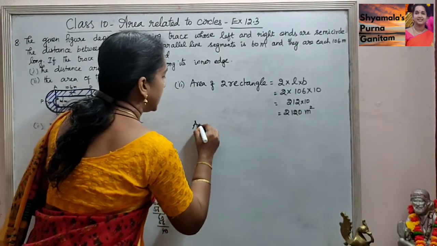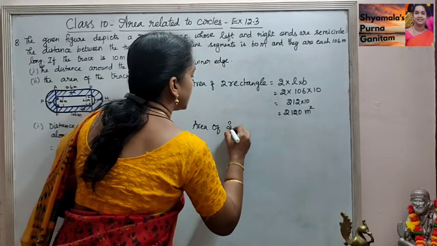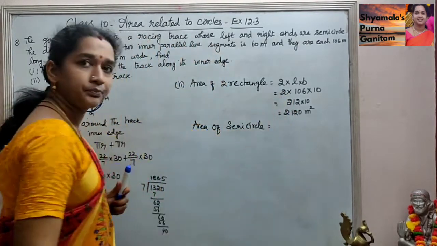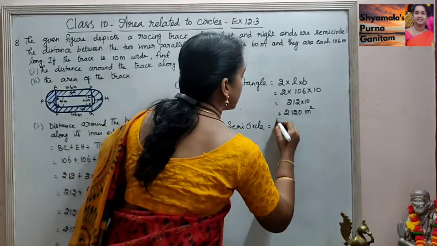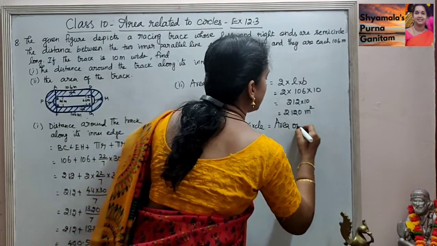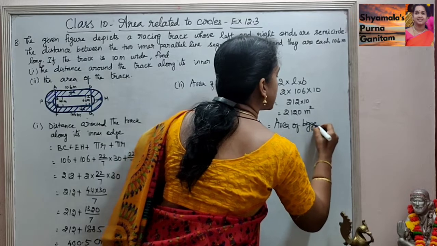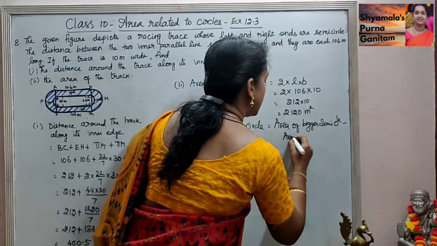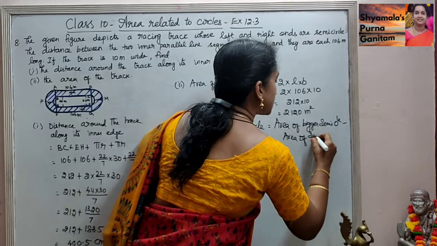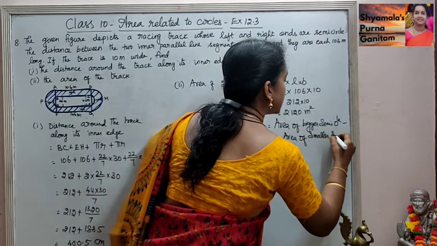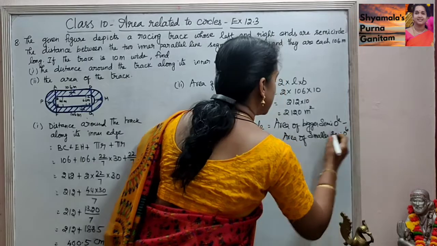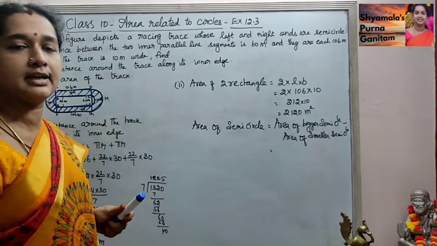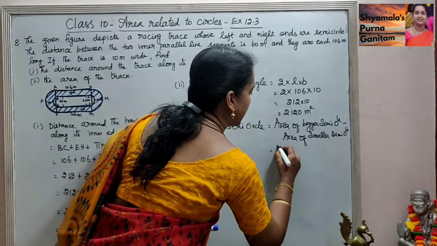Then the area of the semicircles is equal to the area of the bigger semicircle minus the area of the smaller semicircle. The area of a circle is pi r squared, so a semicircle is pi r squared by 2.